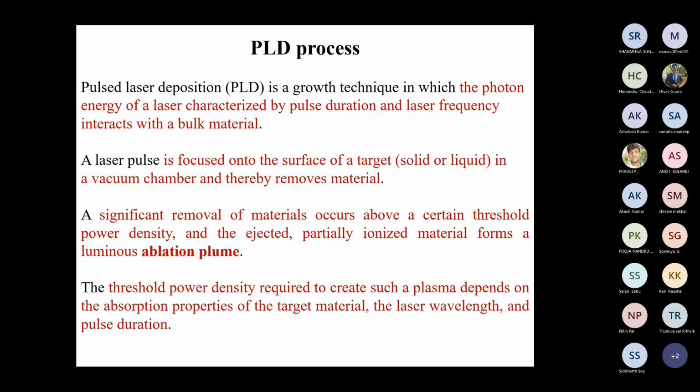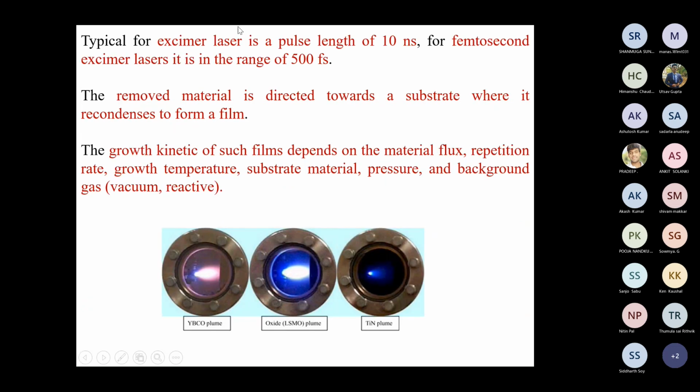The material needs to be heated, superheated, and then ablation will happen. Typical Excimer laser pulse length is 10 nanoseconds, and for a femtosecond laser it is 500 femtoseconds. But in most cases the Excimer laser is used, and the removed material is directed towards the substrate where it recondenses to form a film.